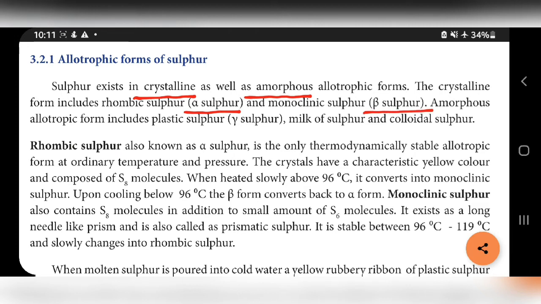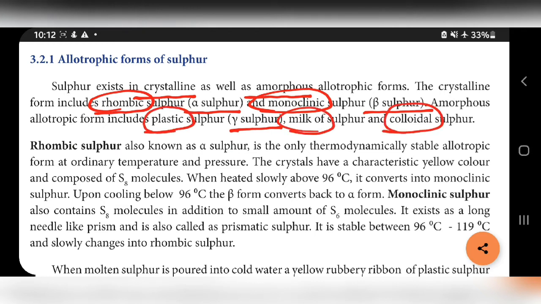Amorphous allotropic forms include plastic sulfur, that is gamma sulfur, and Milky sulfur and colloidal sulfur. So crystalline forms contain alpha sulfur and beta sulfur, that is rhombic sulfur and monoclinic sulfur. Amorphous allotropic forms contain gamma sulfur, that is plastic sulfur, colloidal sulfur and Milky sulfur.